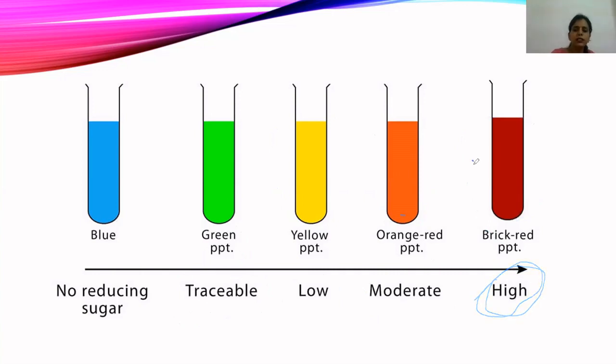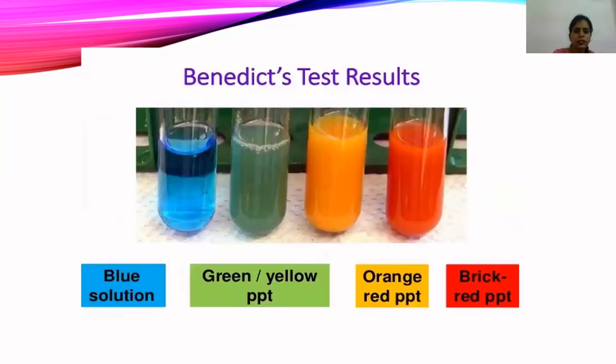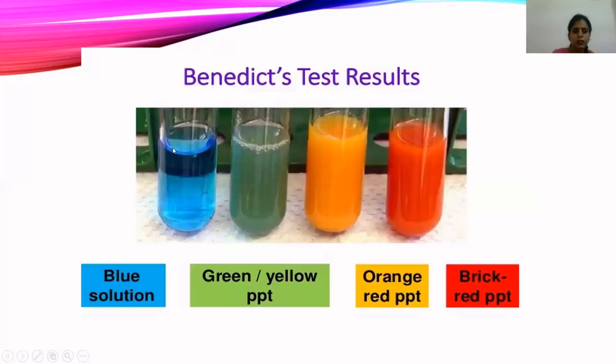So you generally get this brick red precipitate when we test for reducing sugar in apple, and this yellow precipitate you get when we test for lactose in milk. Next slide is Benedict's test result. This is a blue solution which shows a negative result.